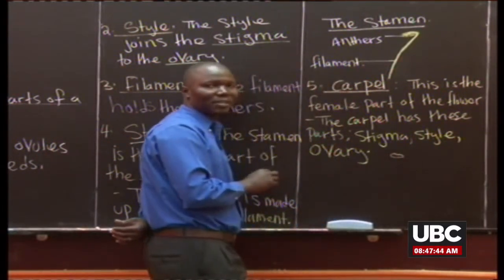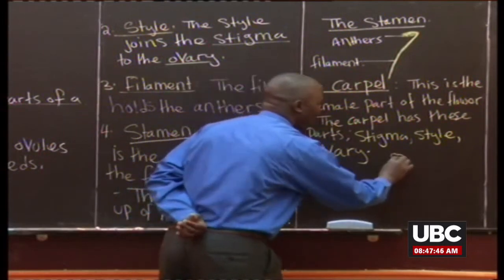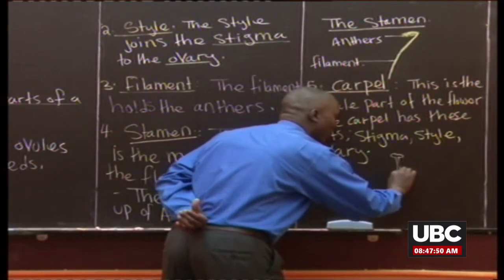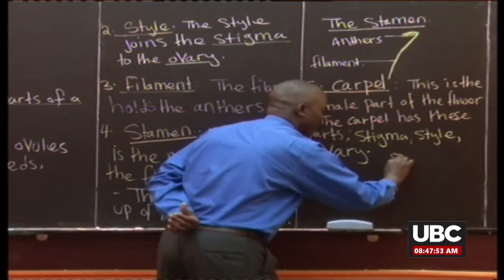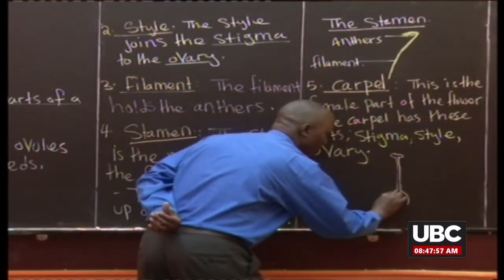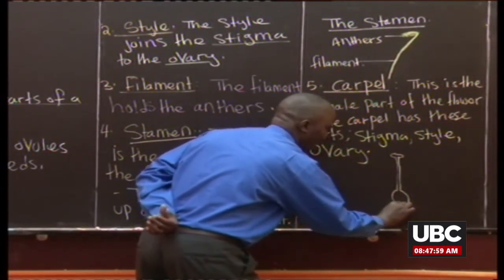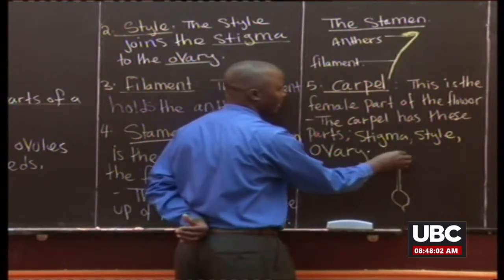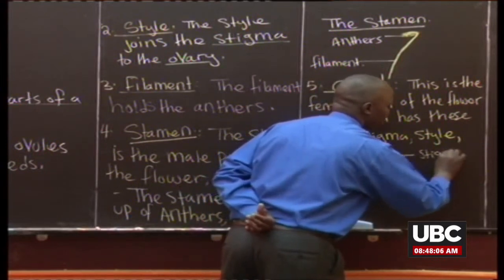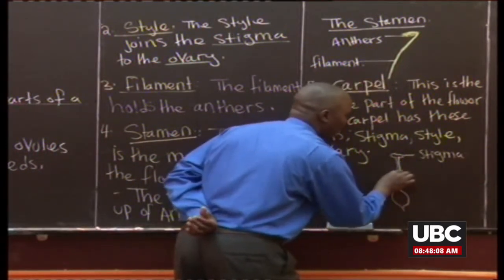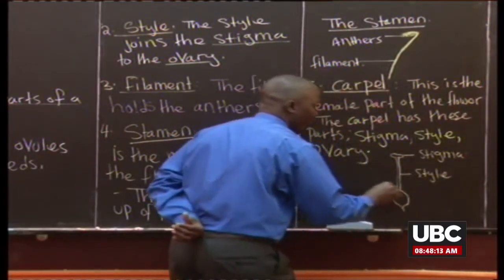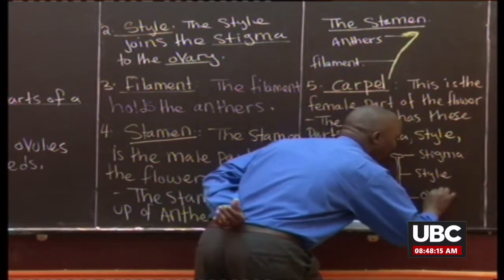Children, that is going to be our stigma. Down that, you'll get that tube we are calling the style. Down the style, you'll get that part called the ovary. So, this part there is our stigma, followed by the style, followed by the ovary.